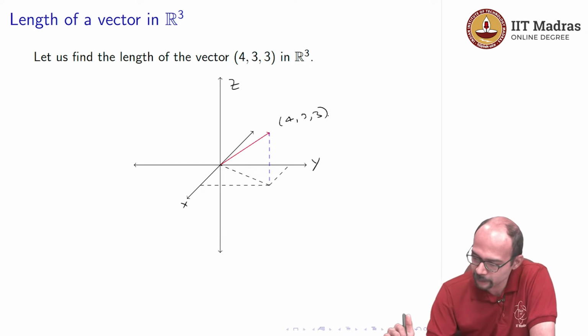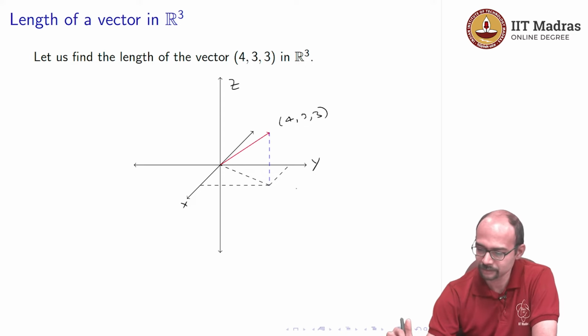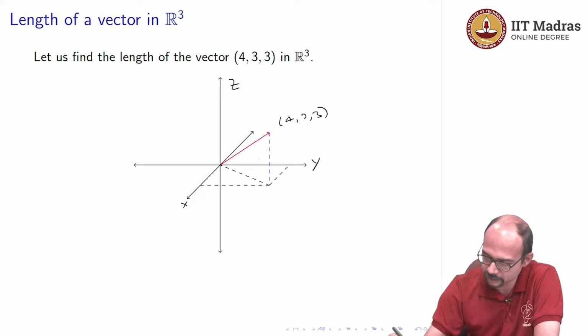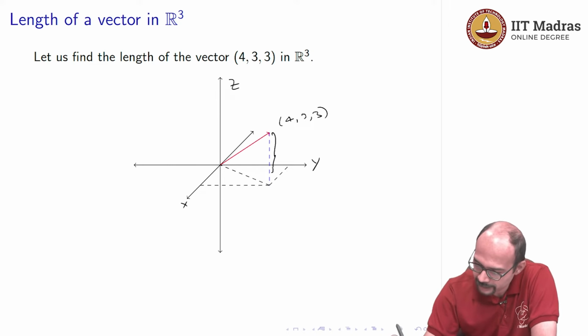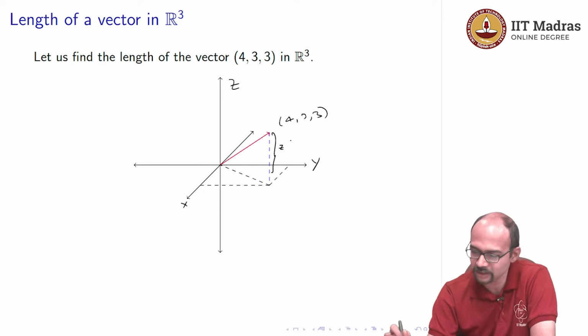You drop a perpendicular down to the xy plane, then join that point to the origin, and then drop further perpendiculars from this point to the x axis and the y axis respectively. So what you really have is that this perpendicular is exactly z, which in this case is 3.